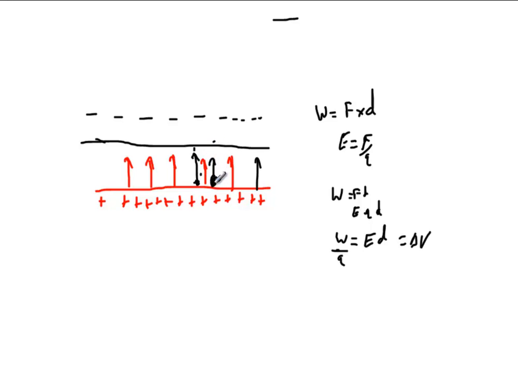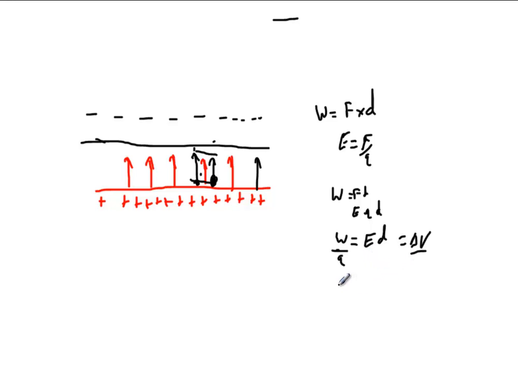However, per unit charge, it takes the same amount of work because they're in an electric field, and that's what potential difference measures. We take the amount of work divided by the charge, and that'll tell us the potential difference between these two locations in our field. And so electric potential difference, delta V, is work on charge divided by charge.